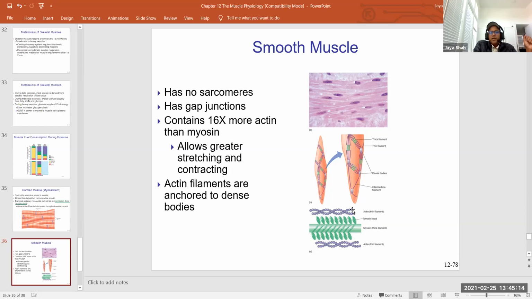These actin and myosin are attached to dense bodies inside. They have no sarcomere, they have gap junctions, and contain 16 times more actin than myosin, which allows greater stretching and contracting, and they don't get fatigued easily like skeletal muscle. Actin filaments are anchored to the dense bodies.